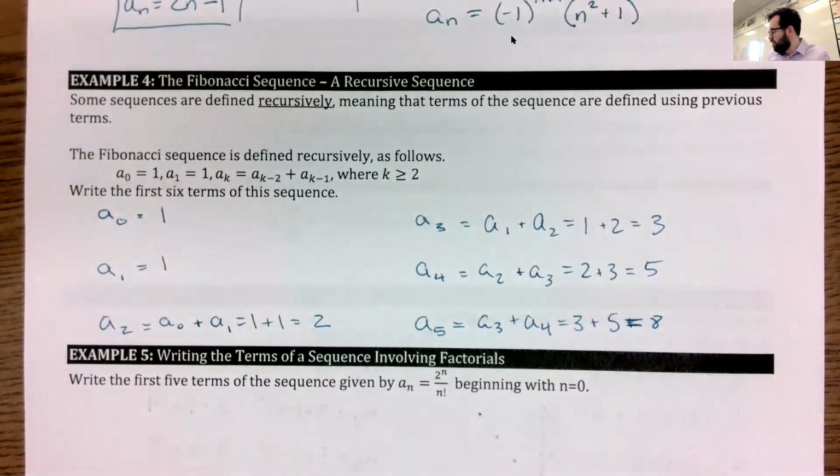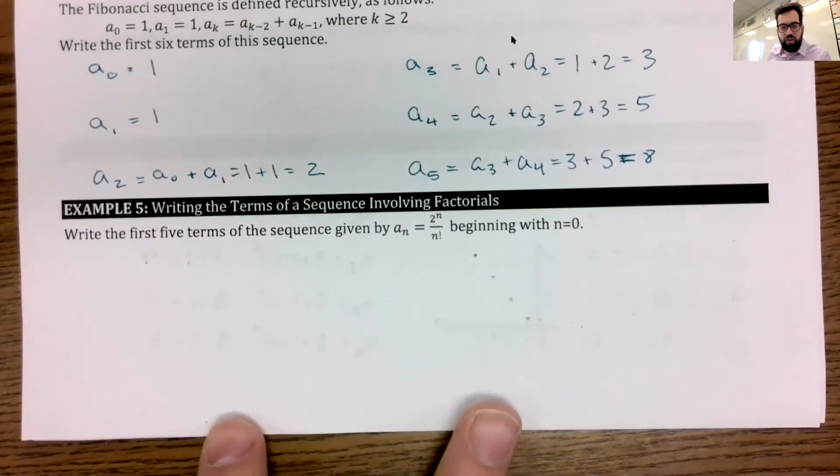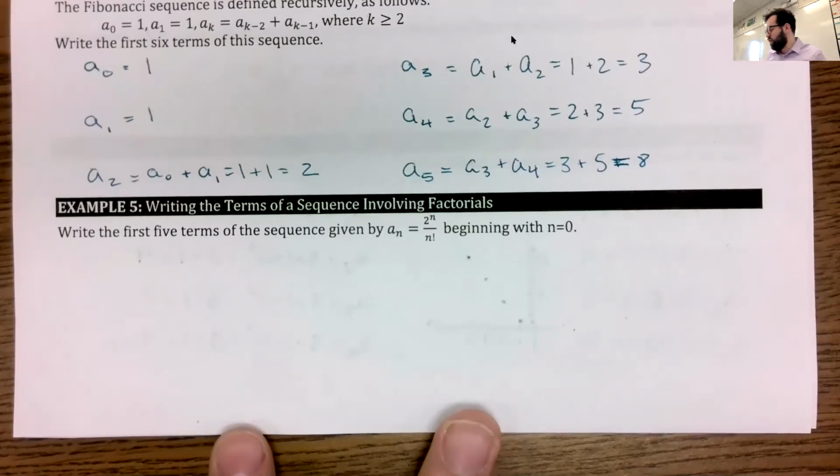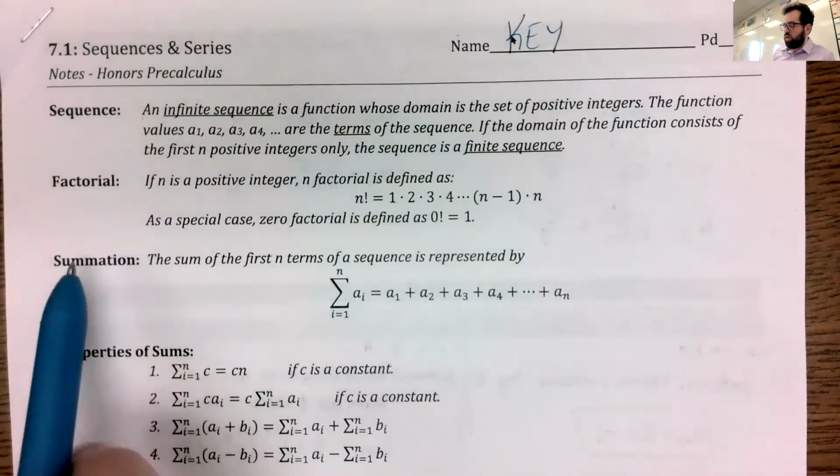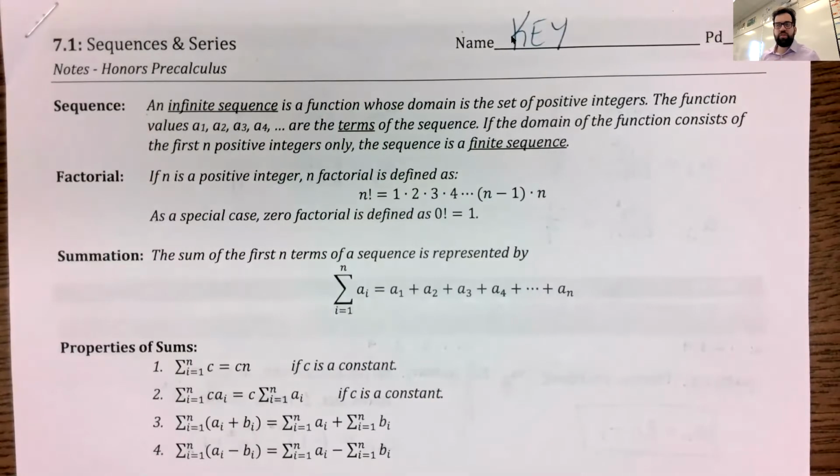All right, that brings us to example 5, writing the terms of a sequence involving factorials. So we're going to go back to the beginning for just a second to look at the definitions. We have our second official definition here, factorial. If you've taken statistics, you've probably seen this.